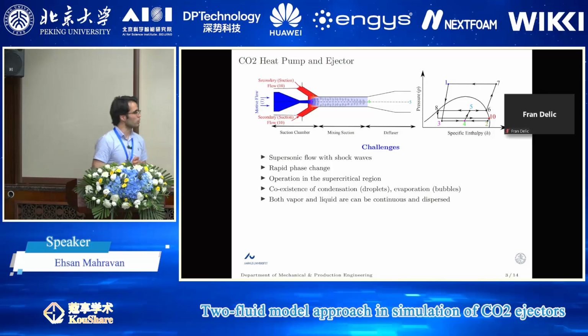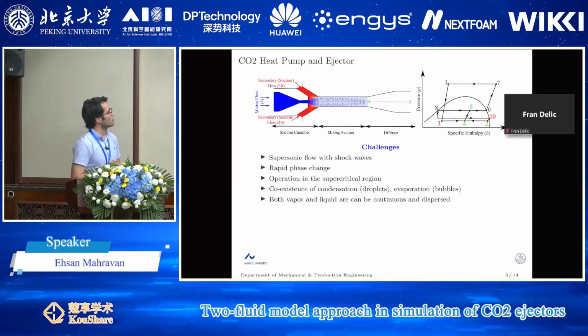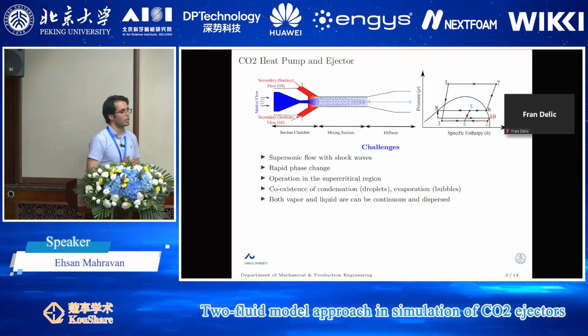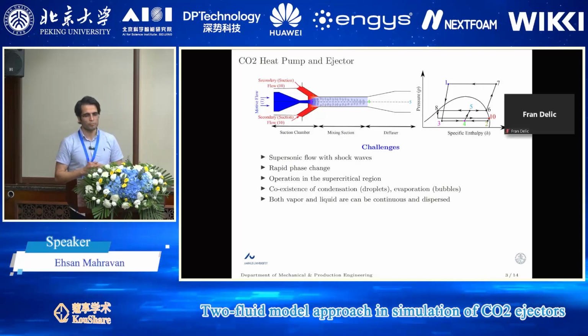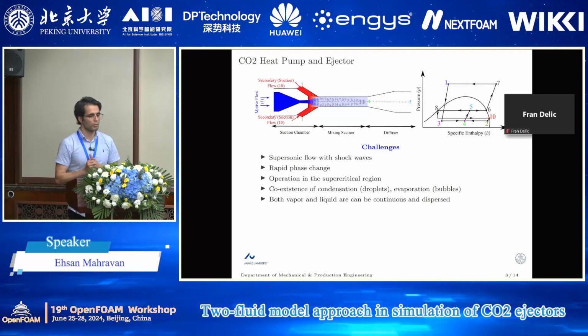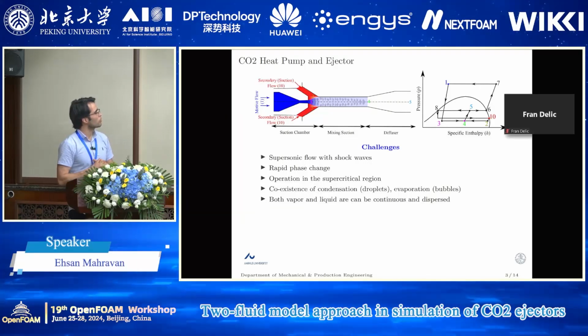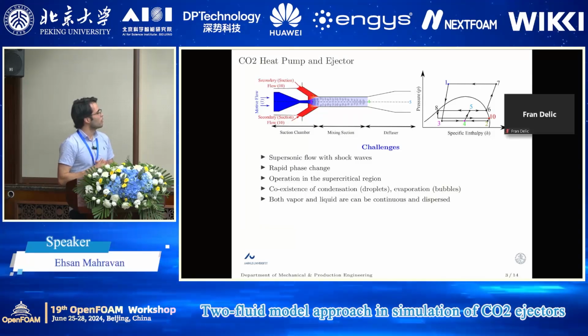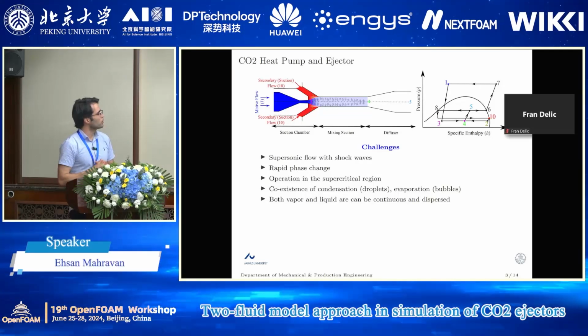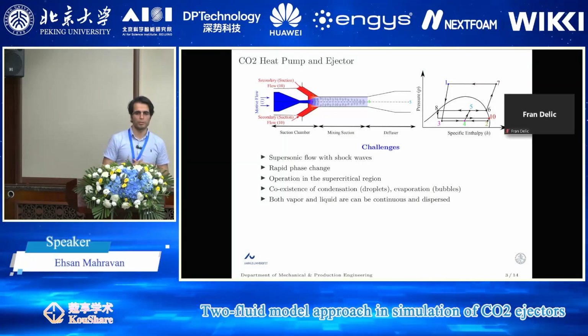And coexistence of condensation and evaporation. In the suction, we have condensation, and in the motive nozzle we normally have evaporation, and in the mixing section both. It's a very complicated problem to simulate, and besides that, the experiment is also challenging.